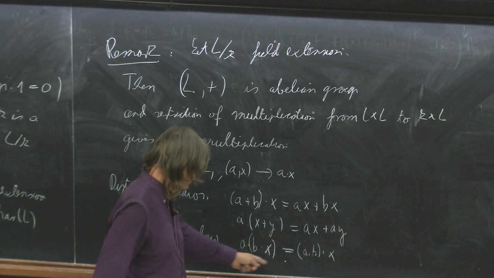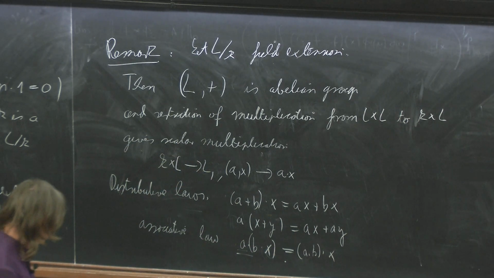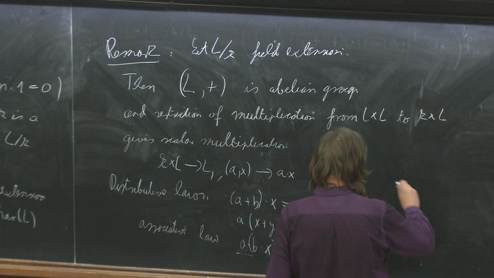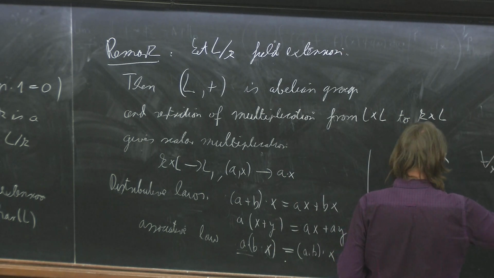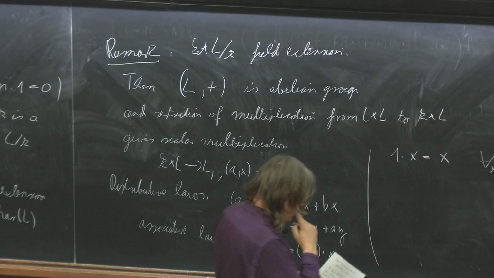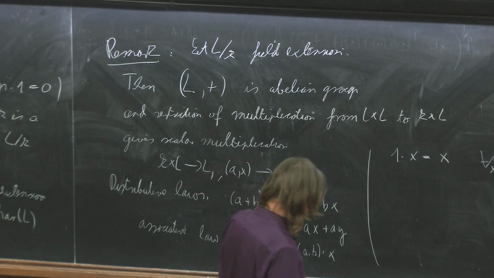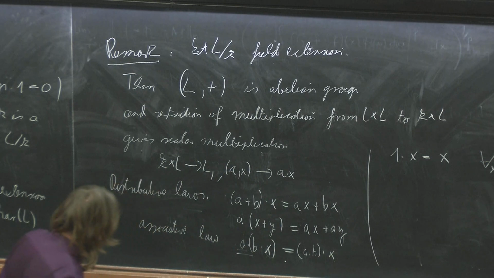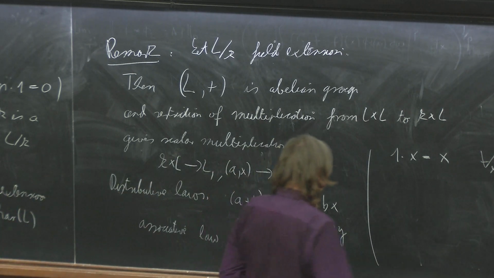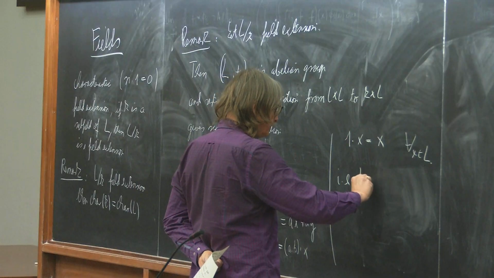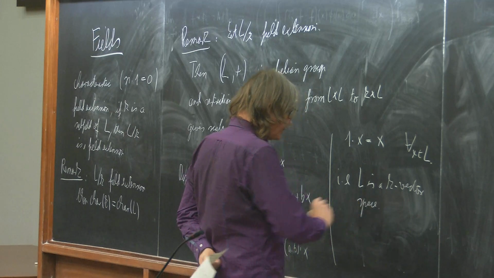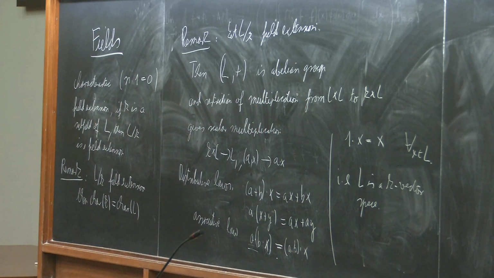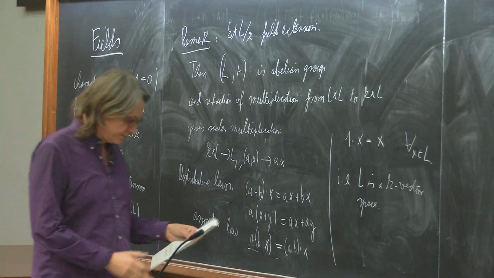This is again just a restriction of the associative law in the field L. And finally, we have 1 times x is equal to x for all x in L. So these are precisely the axioms of a K-vector space. That is, L is a K-vector space. And so a natural invariant that we can consider for the field extension L over K is the dimension of this K-vector space.